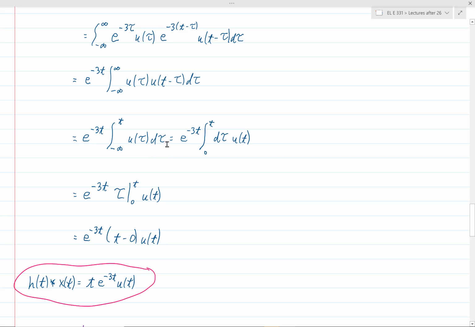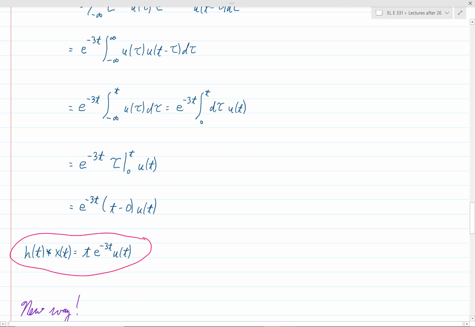So that's how we can think about the way to simplify this integral. And then once we get it into that form, we know that the integral of d tau is tau, and our limits are 0 to t. And so this becomes e to the minus 3t times t minus 0 times u of t.